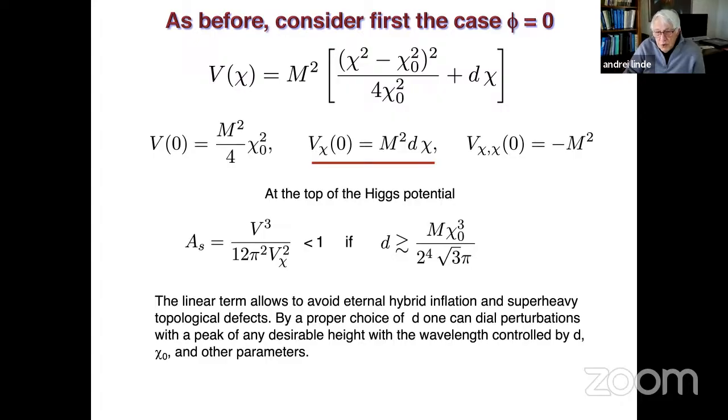So by choosing this additional term d, we can normalize the height of the peak which appears here. So instead of eternal inflation, you have inflation which produces very large fluctuations, normalized, or cut off by the presence of this linear term.